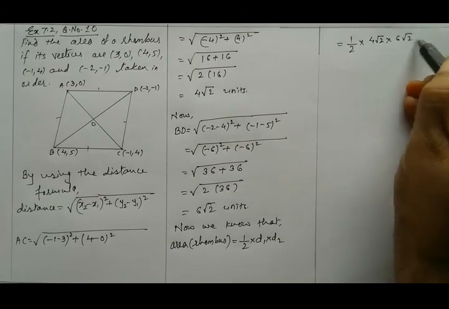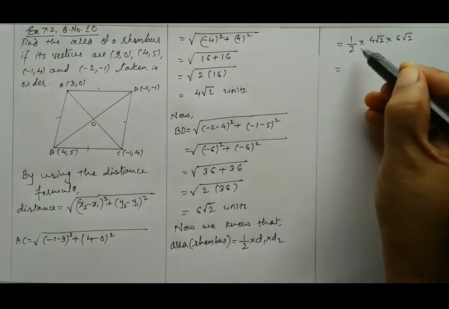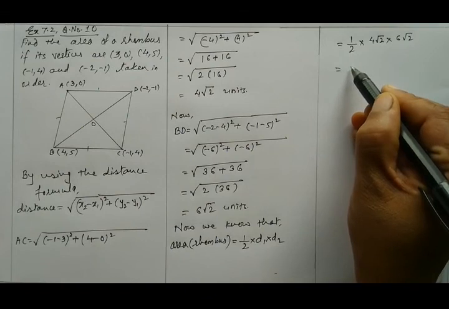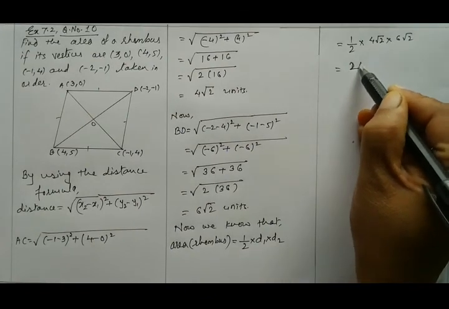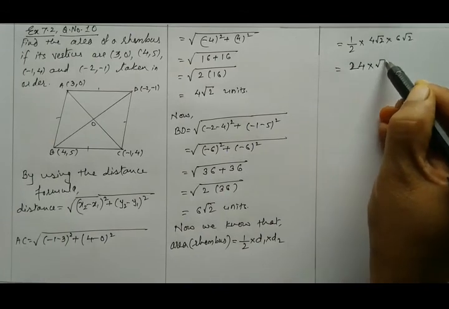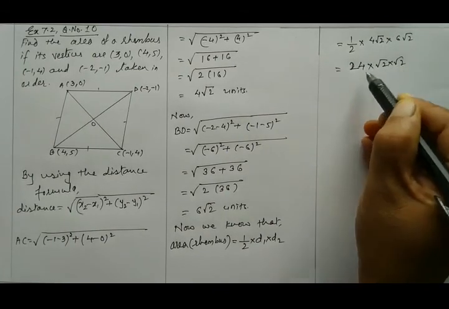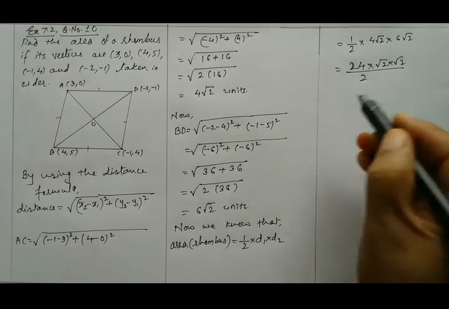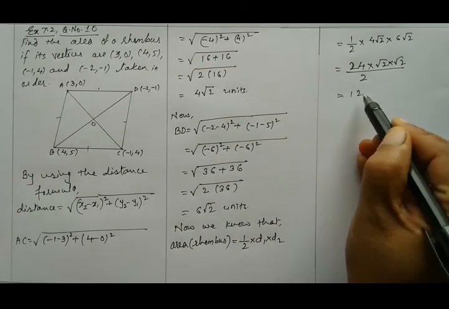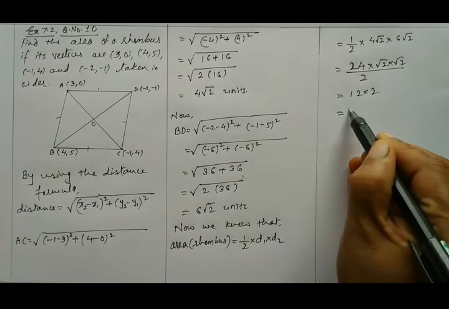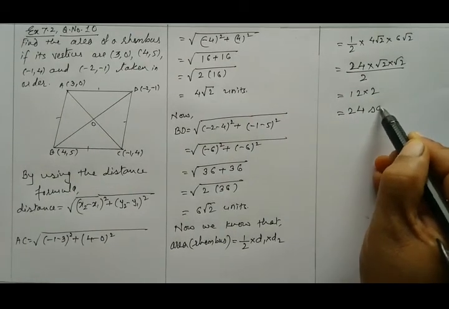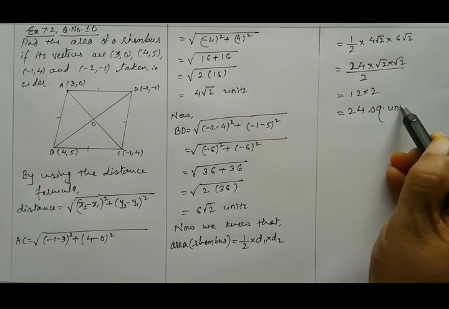So 2 2s are 4, 4 6s are 24, into root 2 into root 2 divided by 2. So it is 12, and root 2 into root 2 is 2, so 24 square units.